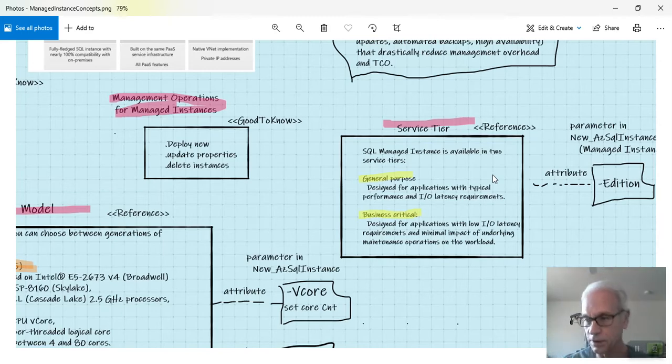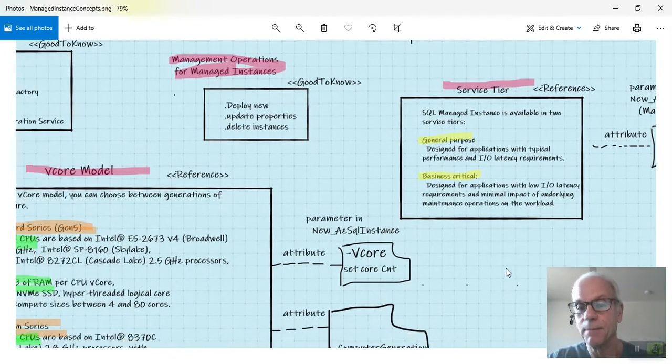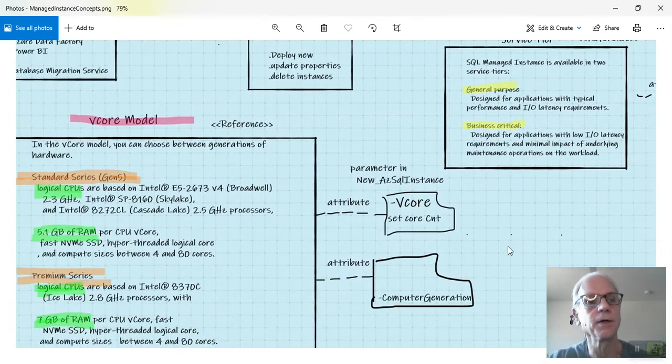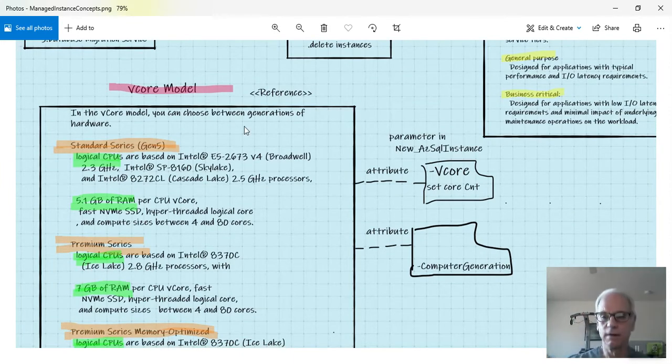Another good to know is the service tier. We talked about service tier in Azure databases. Essentially, at this particular time, managed instance only supports two service tiers, called General Purpose and Business Critical. We won't get into that, but do research that service tier. The vCore models, as you can see, are standard-series, premium-series, and premium-series memory optimized.